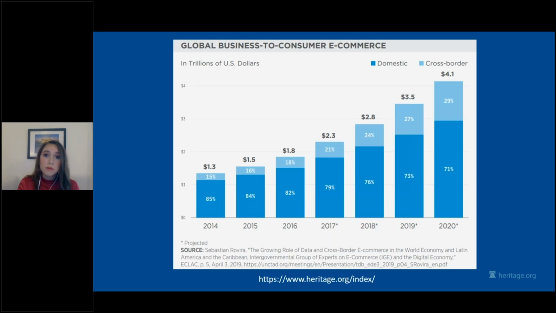In particular, small and medium-sized businesses are harmed because they won't be able to afford the necessary infrastructure in the territories with these regulations. They also won't be able to afford exorbitant fines if they are found to be out of compliance, or they may not be able to afford to hire the data compliance officers that they will need to make sure that they are in compliance with these complex regulations.